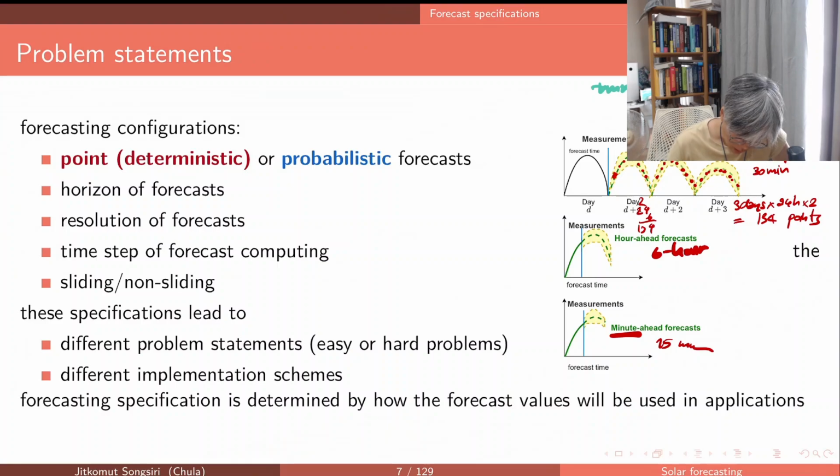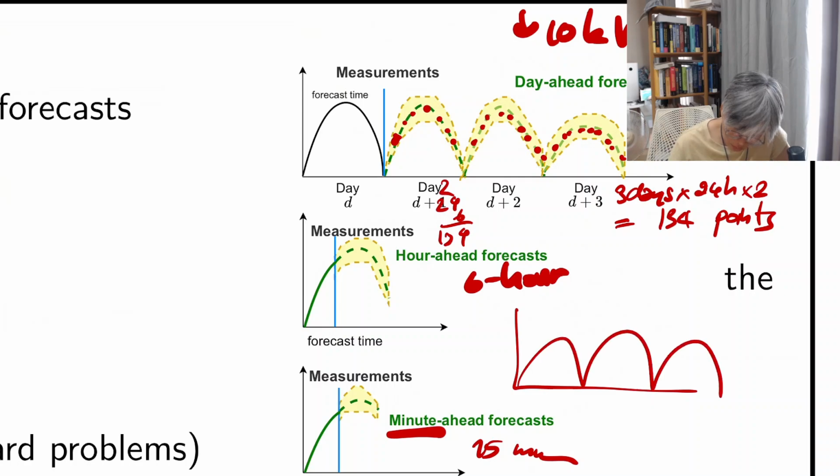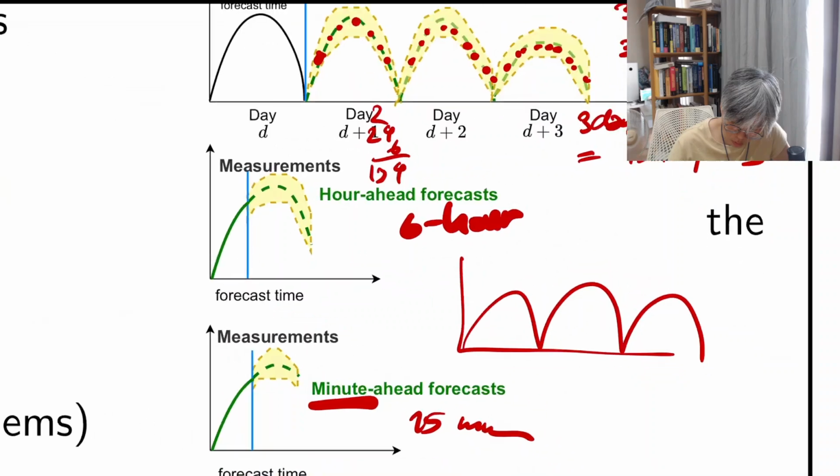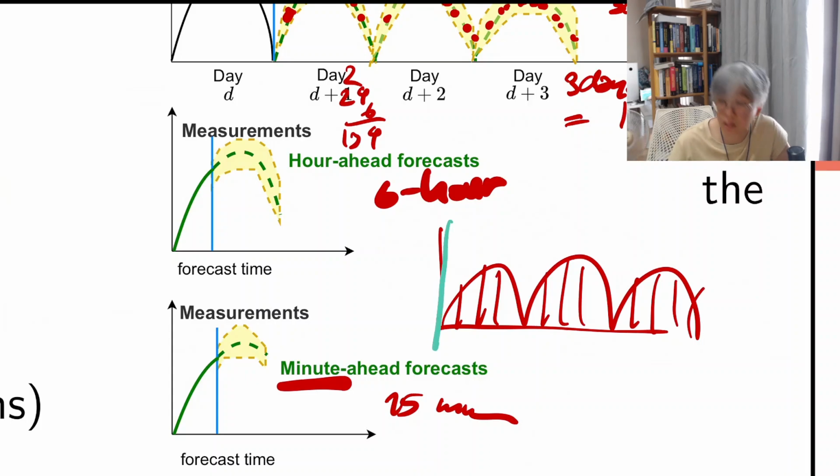Sliding versus non-sliding is more of a detail. It basically means that if you release the forecast, for example these three values, this is marked as when I perform the model at the green line.